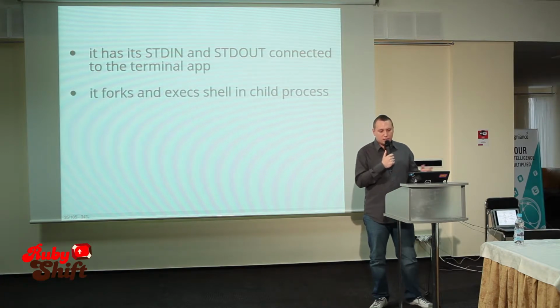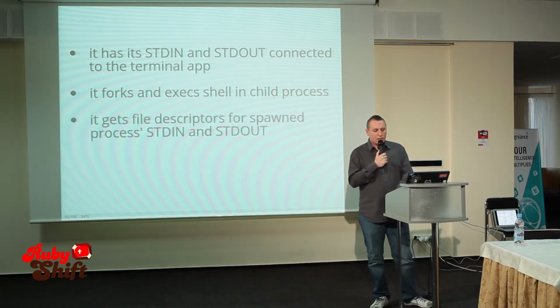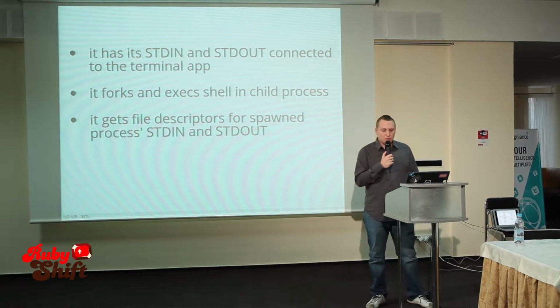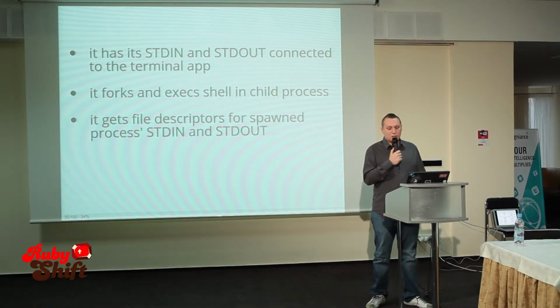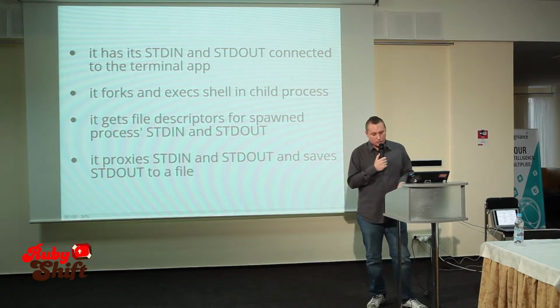Then it forks and executes a new shell in the child process, and then it gets the file descriptors for standard input and standard output of the spawned shell. And then it just proxies standard input from its own standard input to the sub-process standard input, but meanwhile it's saving every byte that gets through it to the file.